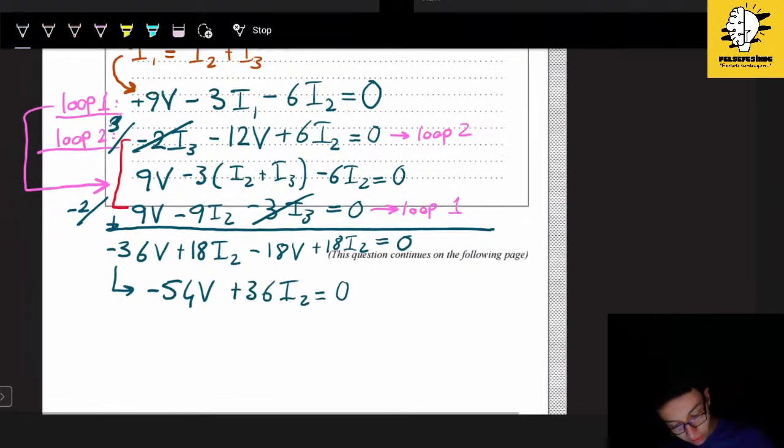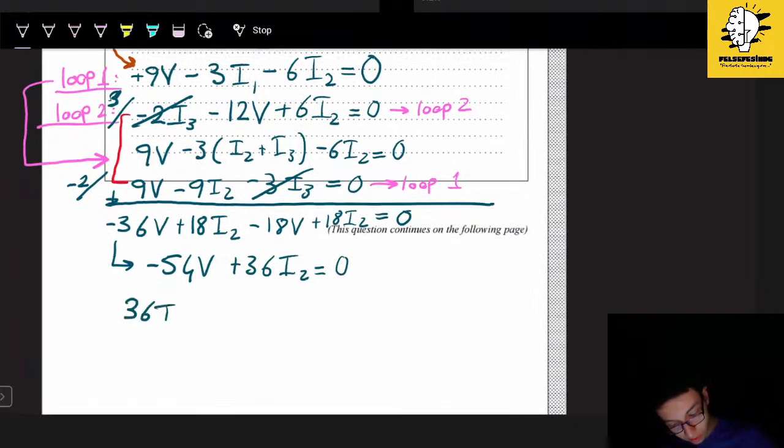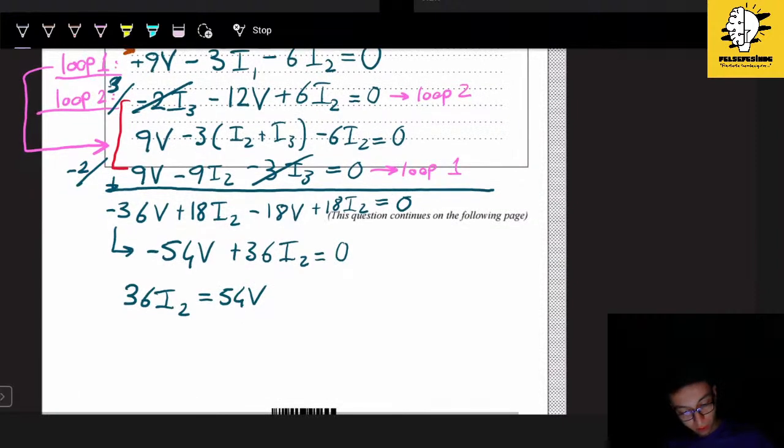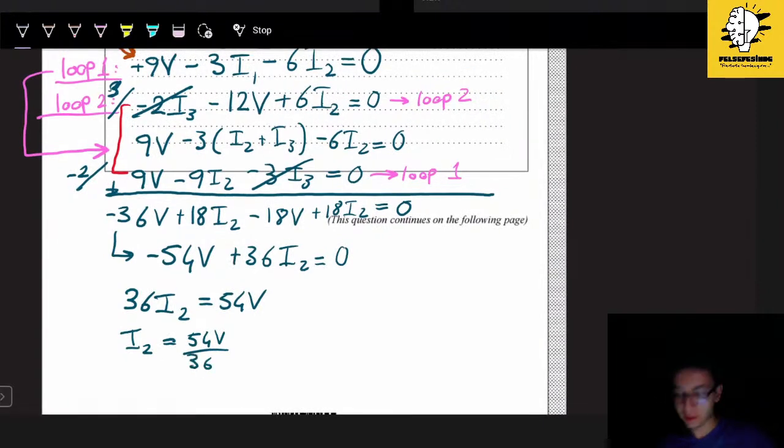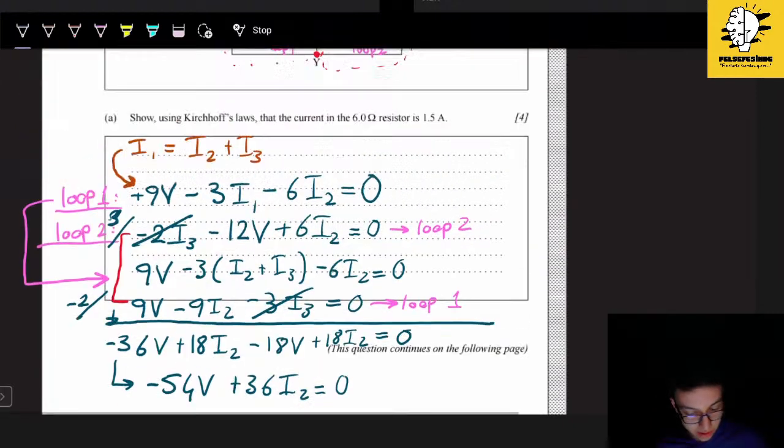Therefore, can we not say 36 I2 is equal to 54 volts? To find I2, it will be 54 volts over 36, and this will be exactly 1.5 amperes. And what was the question saying?